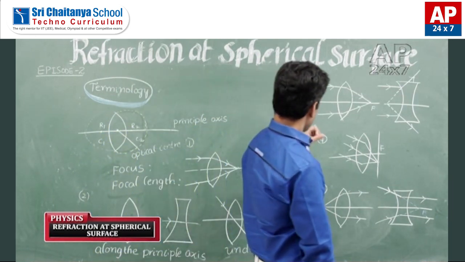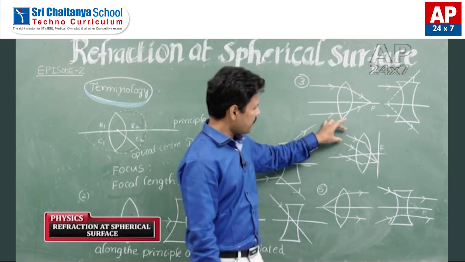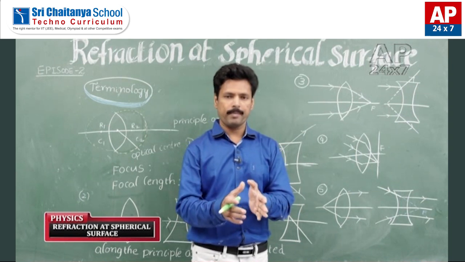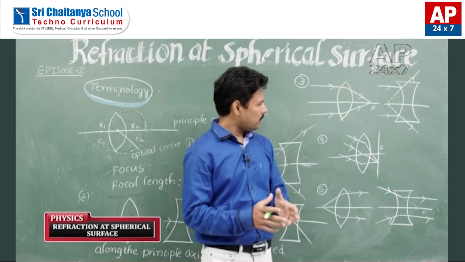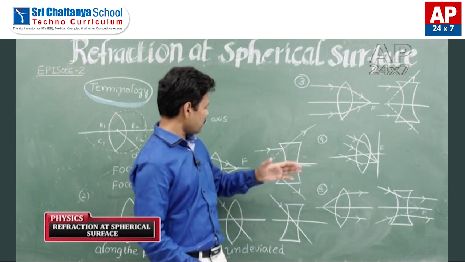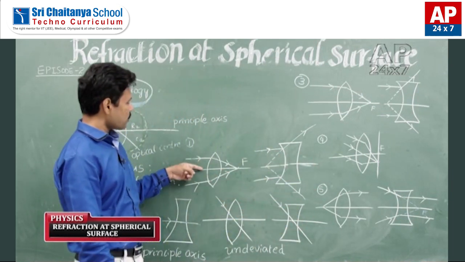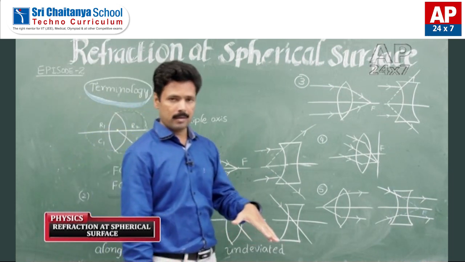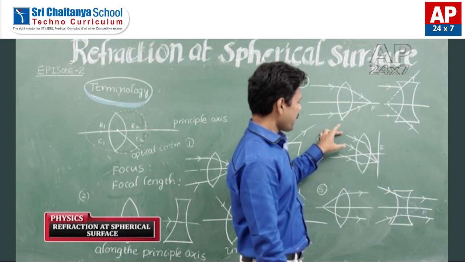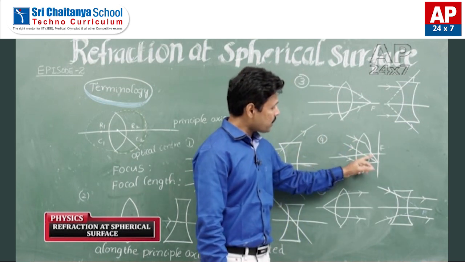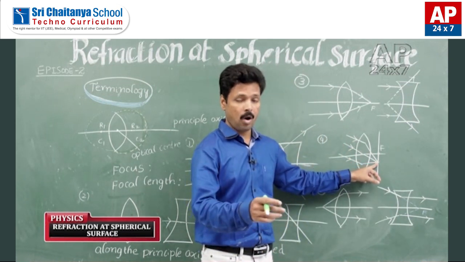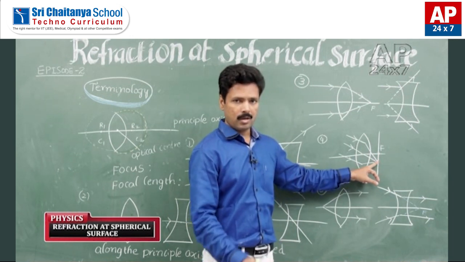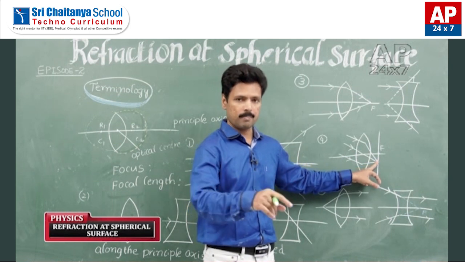Next, when we take a parallel beam that is not parallel to the principal axis, students, you should be very careful here. Previously we took rays parallel to the principal axis, but now the rays are parallel but not parallel to the principal axis. In that case, the image forms in the focal plane, not at the focus. So be very careful: the image is not at the focus, it is in the focal plane.